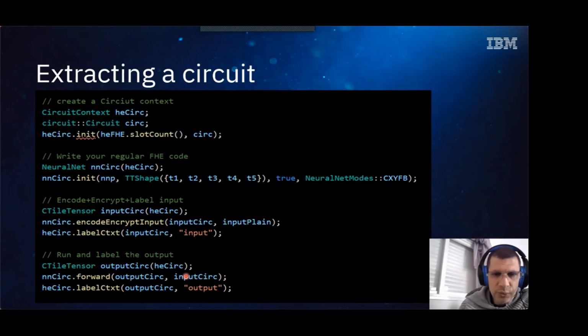So we label the input as input and we label the output as output, and that is it. After we run the forward pass, what we have in the circuit context is a construct of a circuit that we can either write to the disk or later run using the runner.